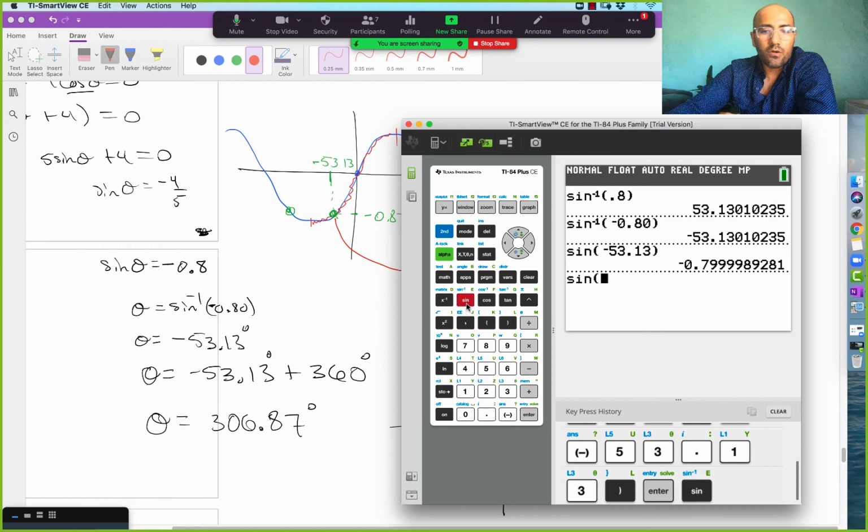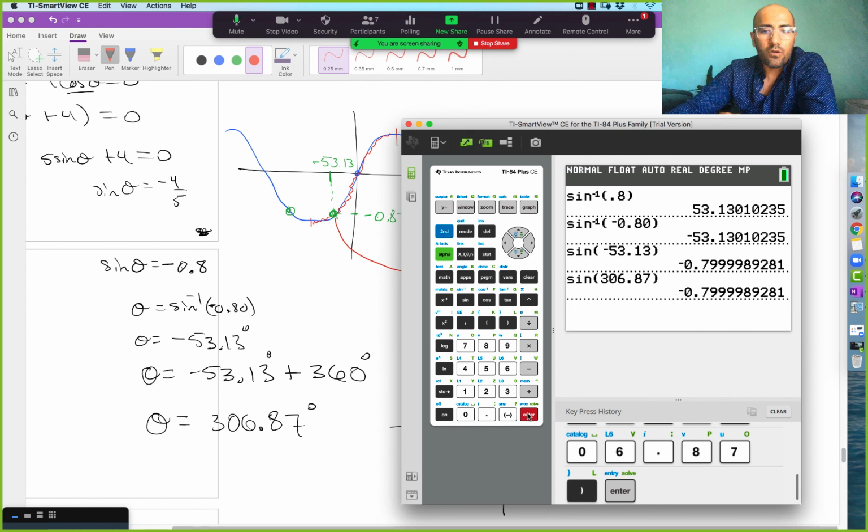Then if we add 360 degrees, sine of 306.87 gives you the same result. Yep, same thing.